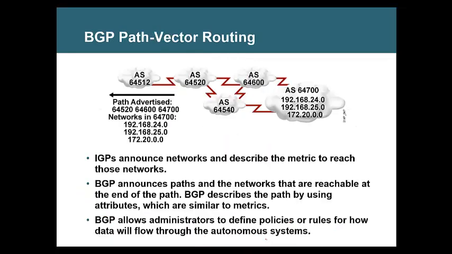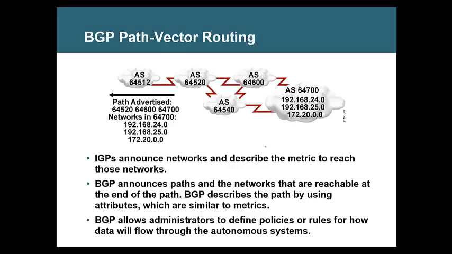BGP is a path vector routing protocol. Why is it called a path vector routing protocol? Say RIP is a distance vector. Likewise, BGP is a path vector. In RIP, you will have only distance, hop count, and the direction.